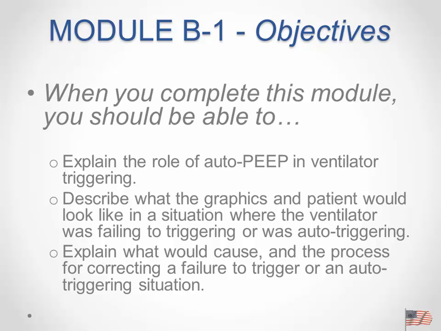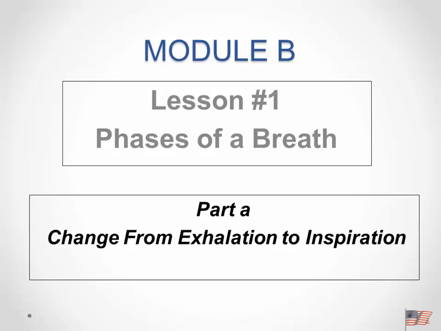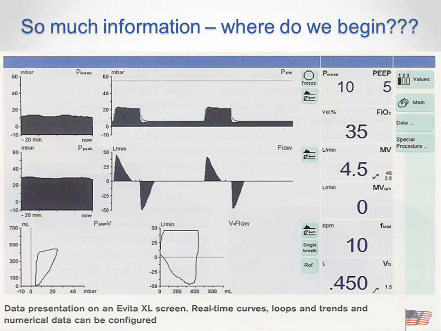For a patient having problems with triggering or auto triggering, how would I identify that on a graphic? What would cause it, and what is the process for correcting a failure to trigger or auto trigger? We're going to start off with 1A, the change from exhalation to inspiration.